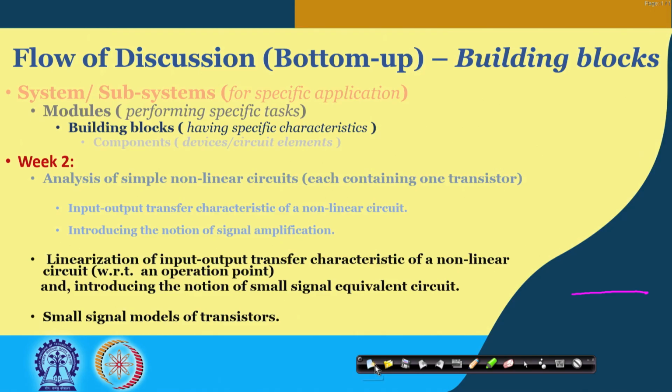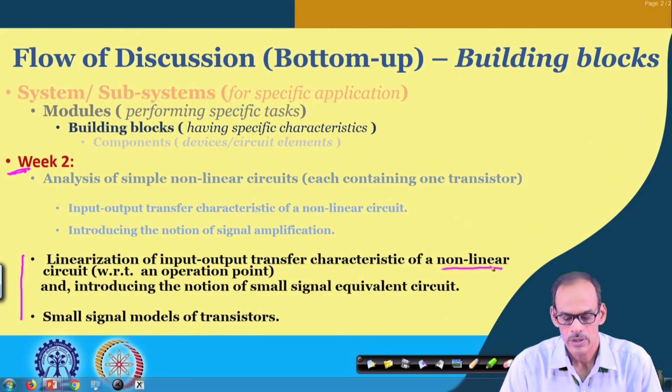So, let us see where we are in the flow. In our overall flow, in the second week discussion, we are basically looking at linearization of input to output transfer characteristic of a nonlinear circuit containing BJT or MOS.